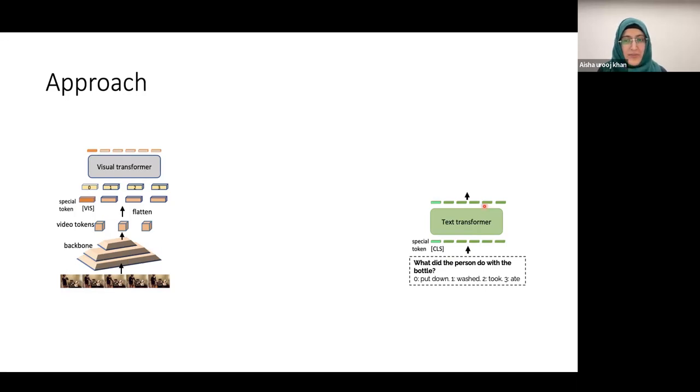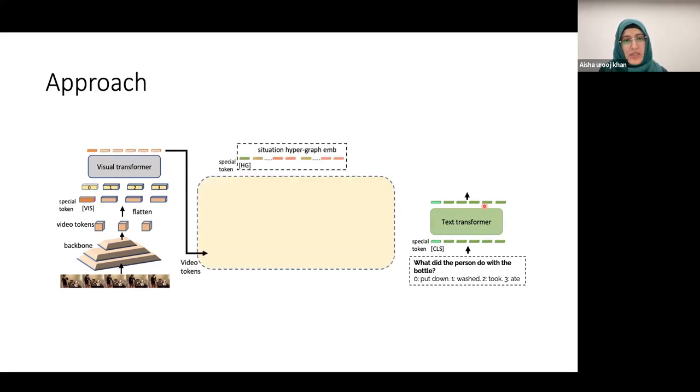Now, once we have these encoded visual tokens and question tokens, we take the video tokens and construct a situation hypergraph out of them. Let's say this yellow block is giving us situation hypergraph embeddings here.